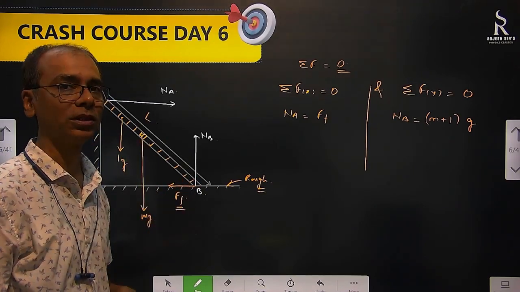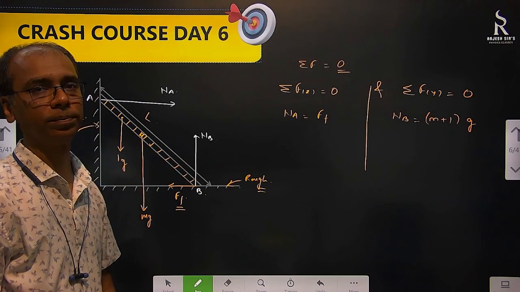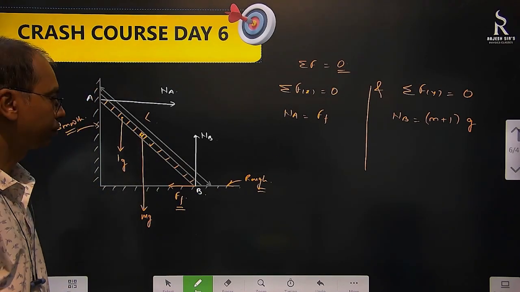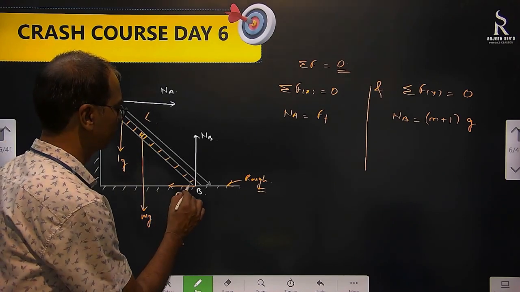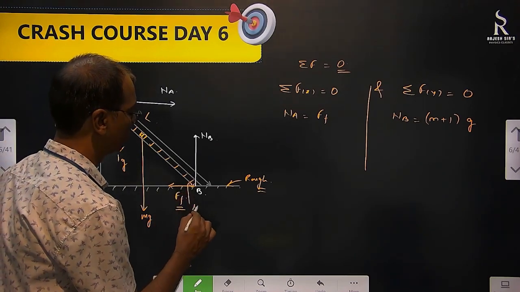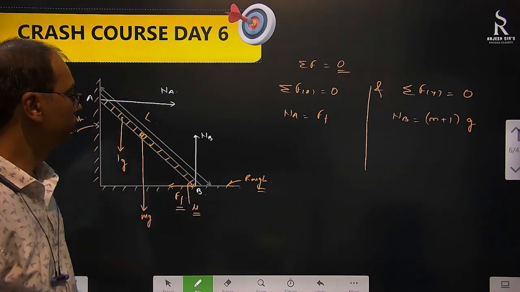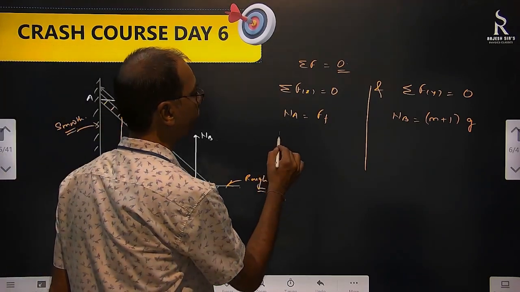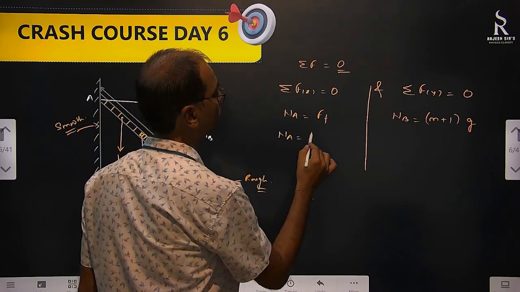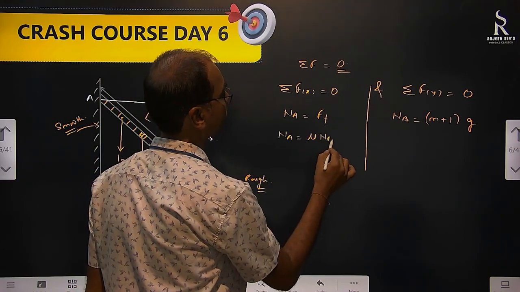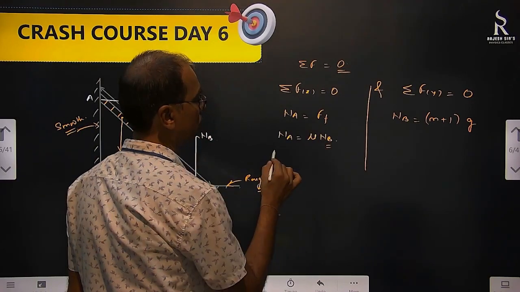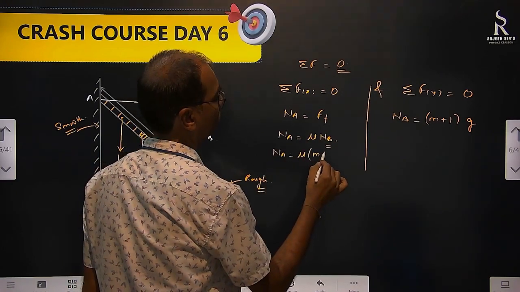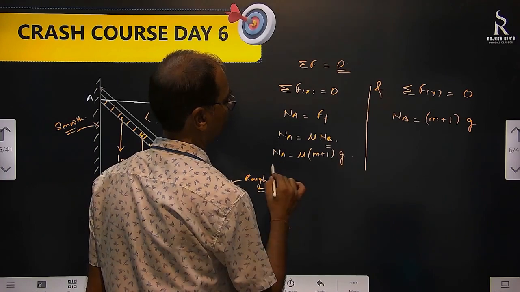That means you have to write the maximum limiting value of force. So the limiting value is what? Mu N. If mu is also given, take it like this is mu here. What is the normal contact force here? NB. So NA will come out to be mu NB, and NB is that. So NA value is mu (m plus 1)g.